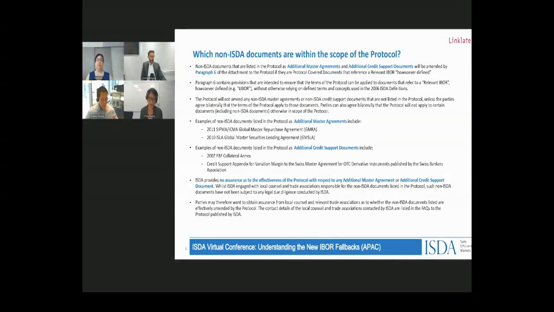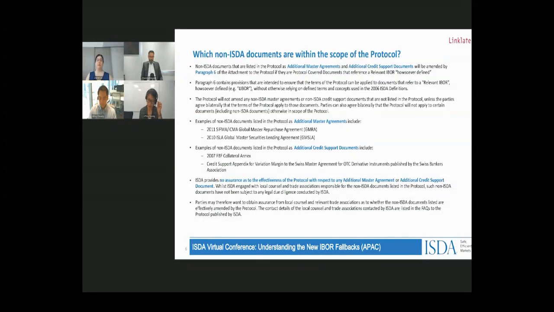However, there is some flexibility that ISDA provides here, in that the parties can bilaterally agree outside of the protocol framework that additional documents they want to be covered by the protocol terms. They want the protocol terms to apply to them.